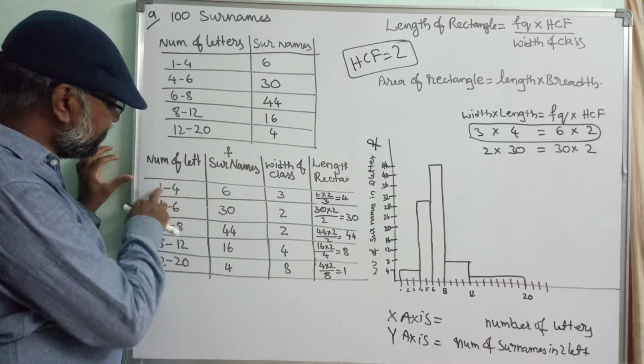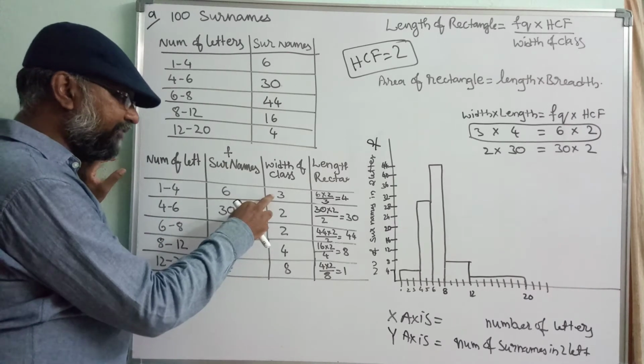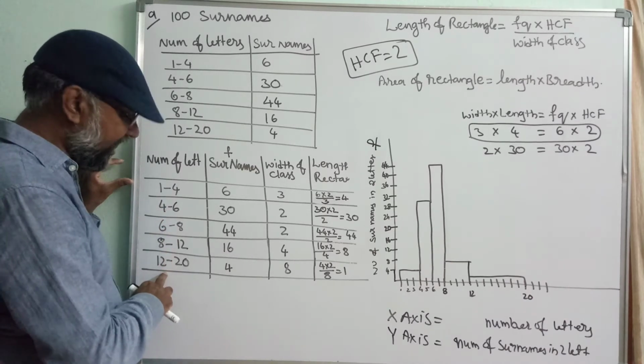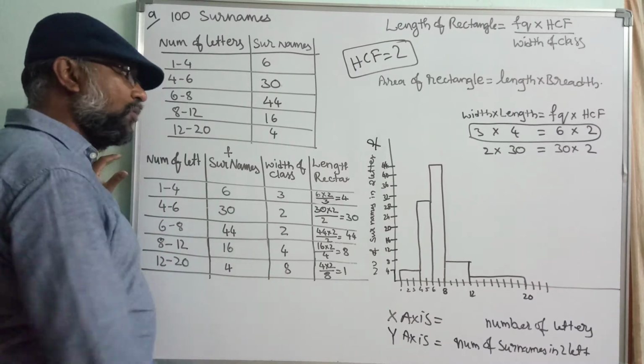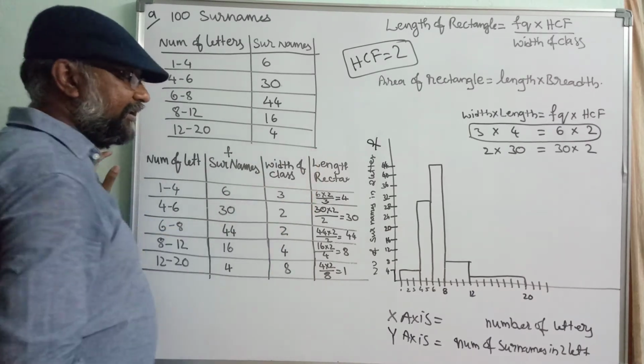The number of letters, the same class intervals, and the frequency are given, and the widths of the class intervals are 2, 2, 4 and 8. So the width is there and we are going to find the length of the rectangle.